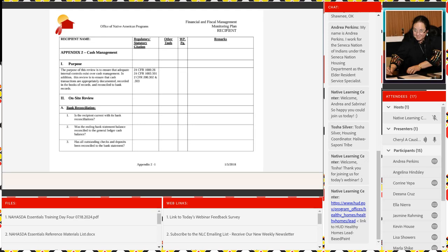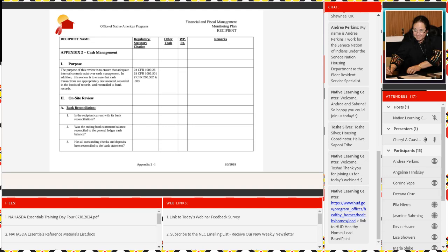Cash management. The purpose of the review is to assure adequate internal controls exist over your cash management. In addition, it ensures that cash transactions are appropriately documented, recorded in the book of records, and reconciled to your bank records. Bank reconciliation. Is the recipient current with its bank reconciliations?